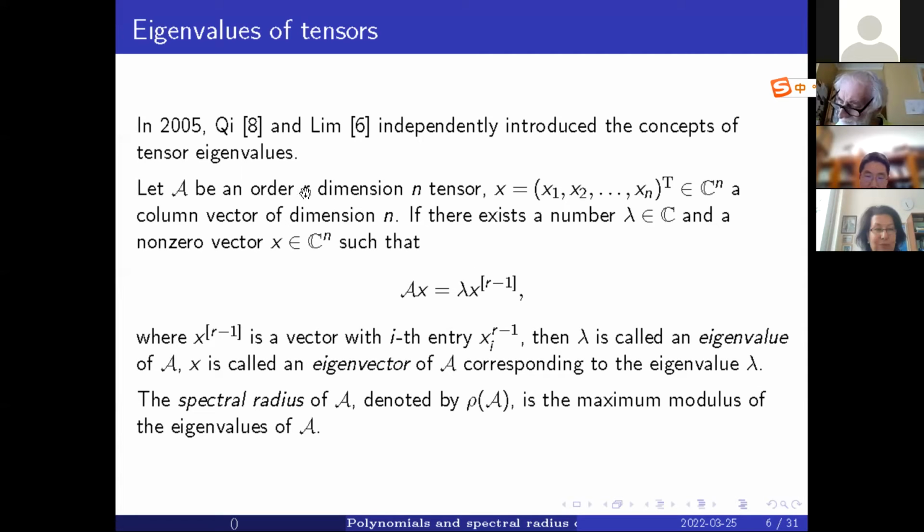When r is equal to 2, this is just the definition for matrix eigenvalues, so it can be seen as an extension of matrix eigenvalues. The spectral radius of tensor A, denoted by rho of A, is the maximum modulus of the eigenvalues of A.